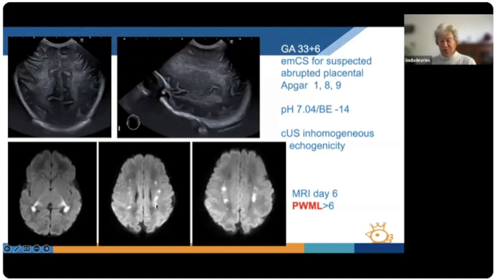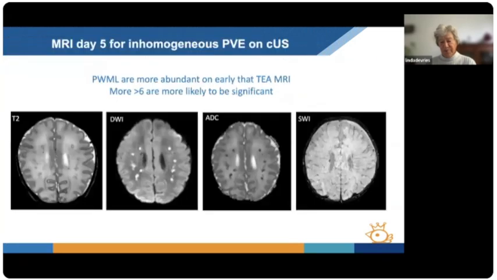We see them on the diffusion in the first week. We see the posterior part of the posterior limb, a little bit of the thalamus, optic radiation, and we know that if there are more than 6 punctate lesions, there is some concern about subsequent outcome. But we also know that if you see these punctate lesions, then you're not going to get a cystic PVL grade 3. It's not going to evolve into extensive cystic lesions.